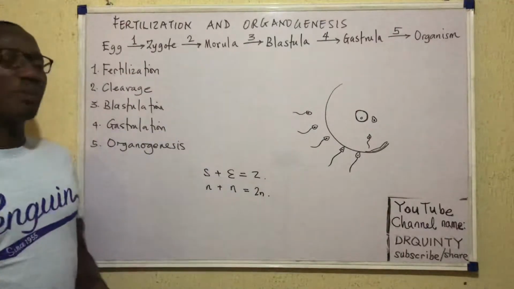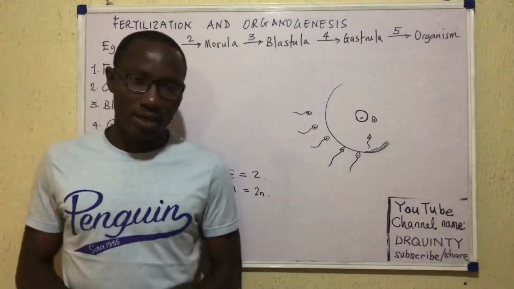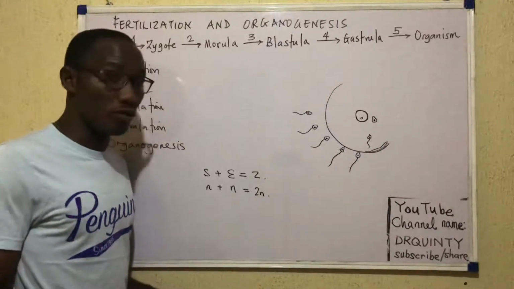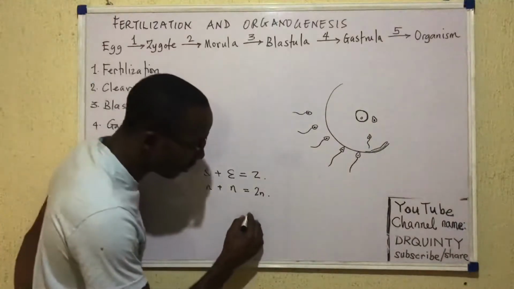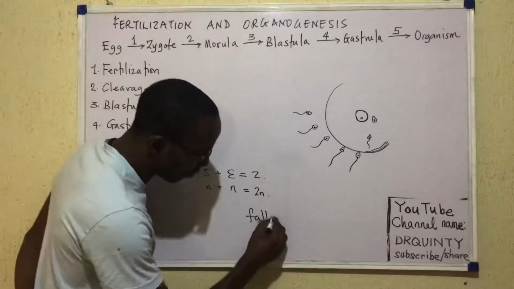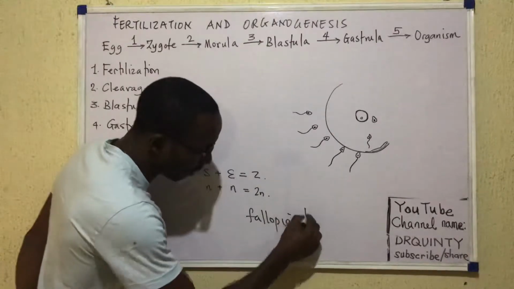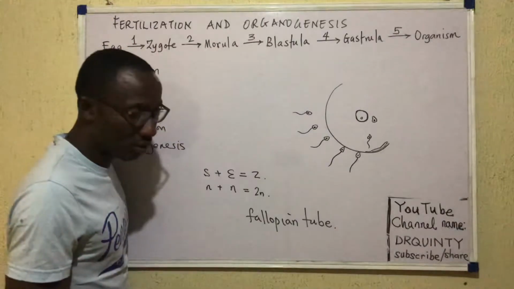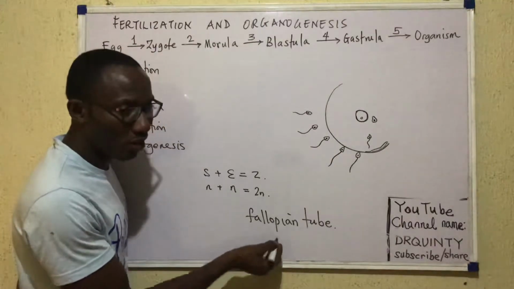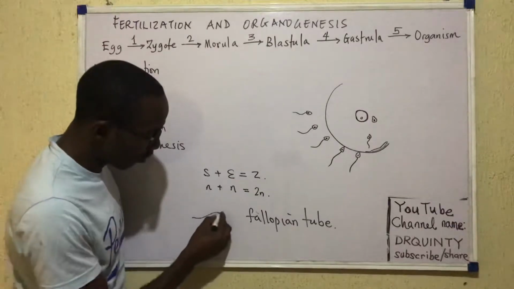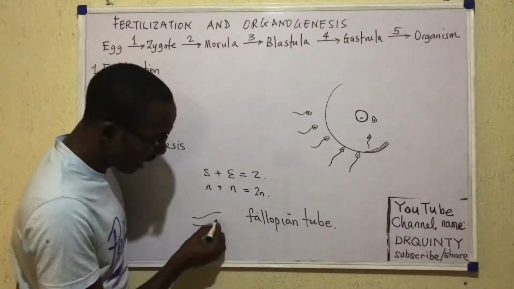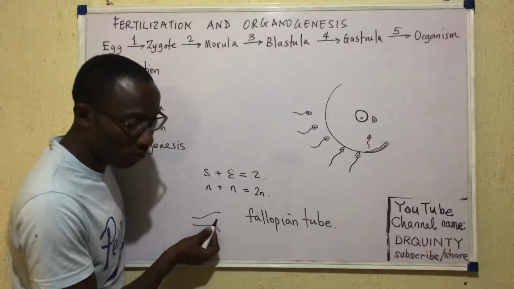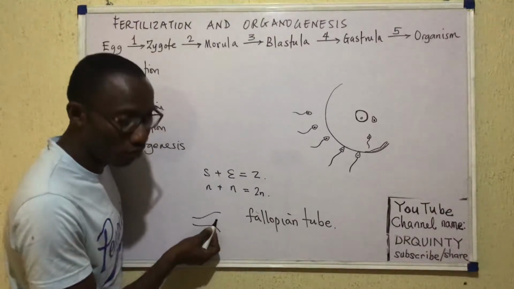For a sperm to fuse with an egg, the egg, upon the process of ovulation, is released into a part of the woman's reproductive system that we call the fallopian tube, or oviduct. So as you have the fallopian tube like that, you have the egg somewhere there, the secondary oocyte, released by the process of ovulation.